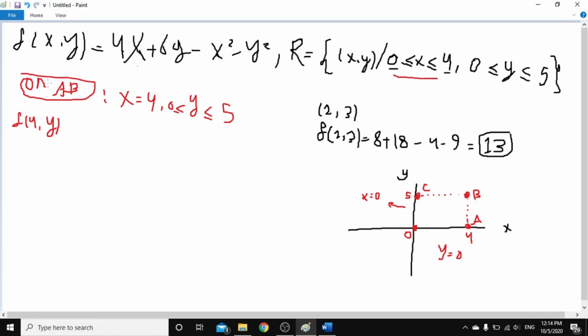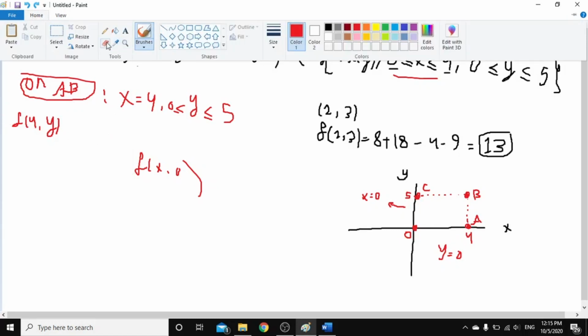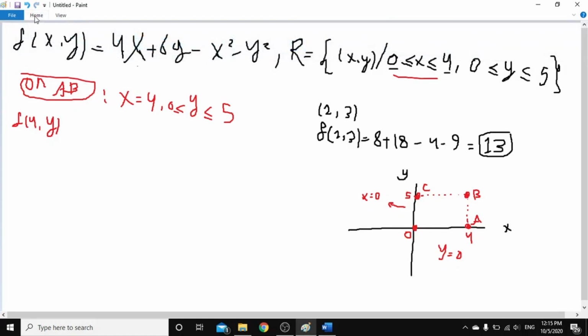So notice when we were writing from O to A, we wrote f of x comma 0. Why? Because the y here is 0 and the x is going to be written as x. So here is the same thing. Here the x is 4 and the y is still y.